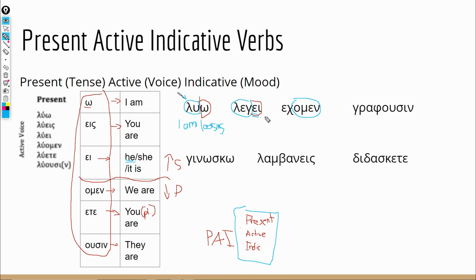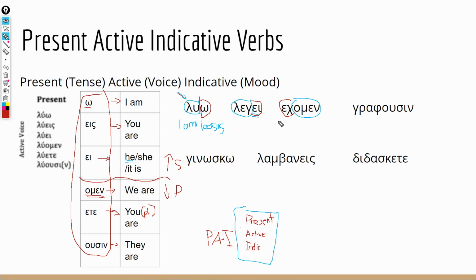Ekomen, again, ek means I have, or like to have, kind of. Omen, you match this up, okay, this is first person plural down here, first person plural, which translates to we are.